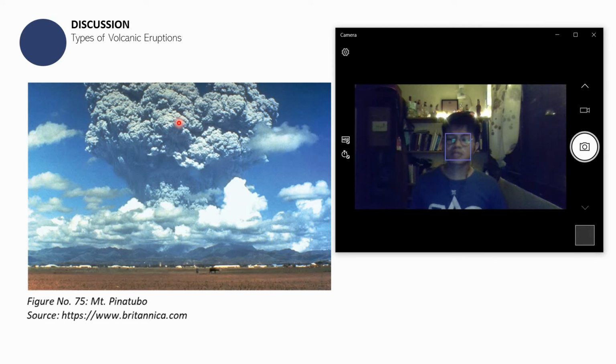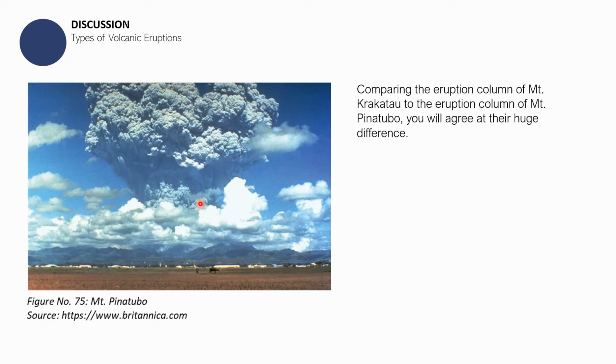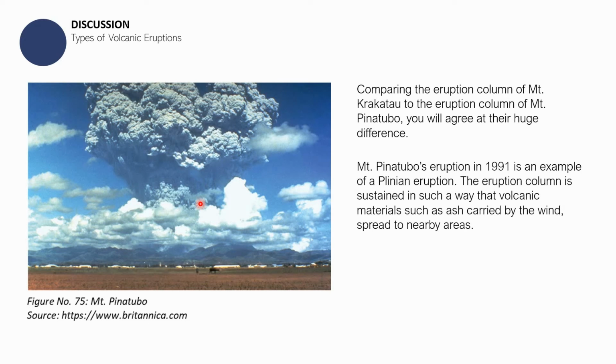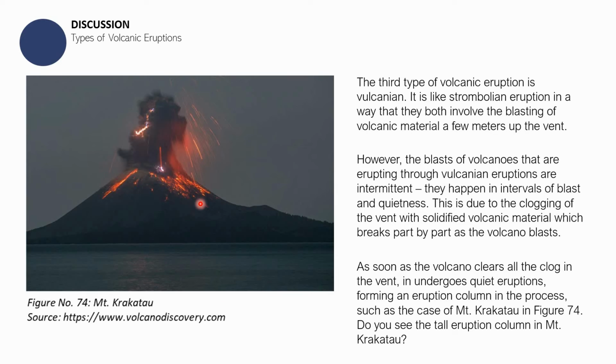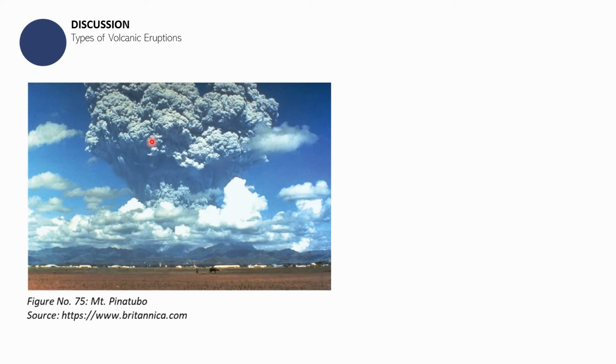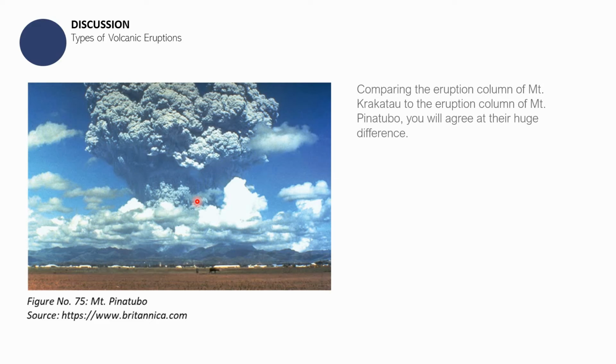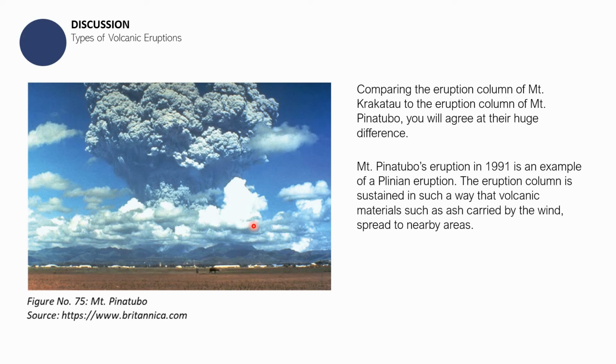Here is Mount Pinatubo, its photo taken from Britannica. Its eruption in 1991 is called Plinian. If you compare the eruption column of Mount Krakatau with the eruption column of Mount Pinatubo, you may agree that there's a huge difference.